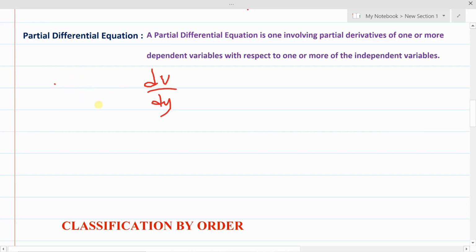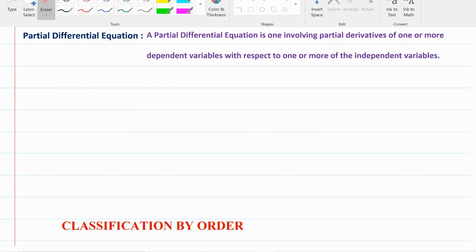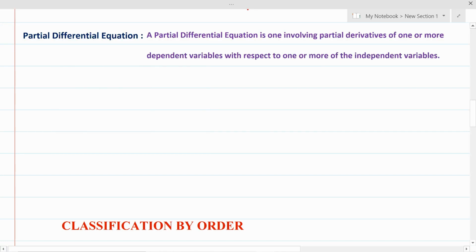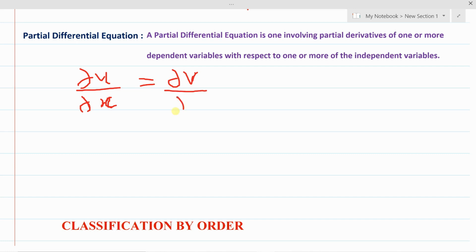For partial differentiation, we use del, we don't use just a straight operator d. So it should be del u/del x is equal to del v/del y. And so this is what you call a partial differential equation.